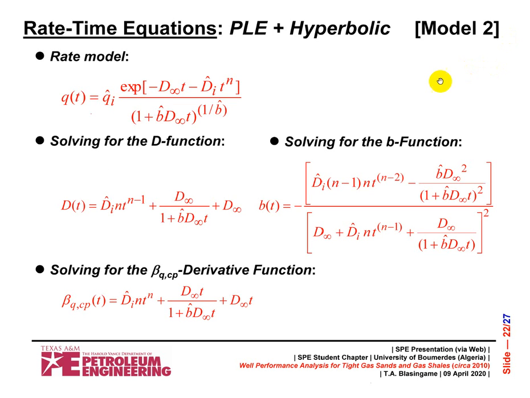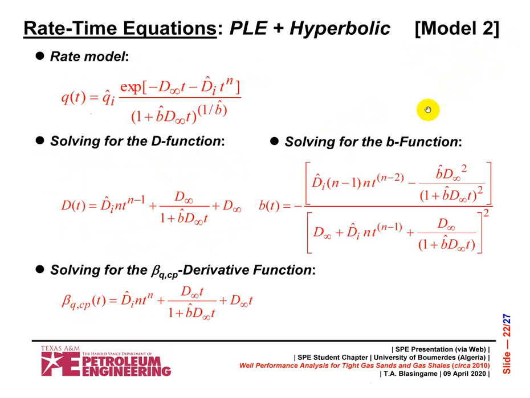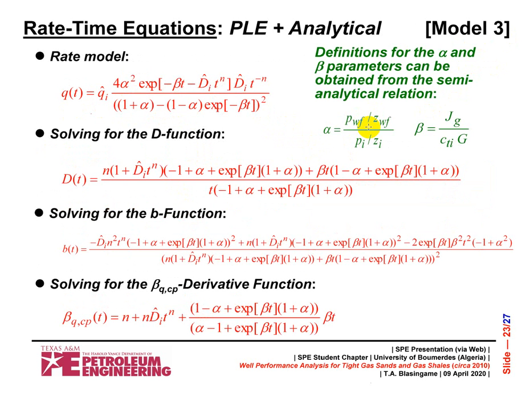So model number 1, if I wasn't clear, is the parallel exponential. Model number 2 is this parallel exponential combined with a hyperbolic, so it's normalized by a hyperbolic, if you want to think about it. And then model number 3 is the parallel exponential coupled with an analytical model for gas behavior.